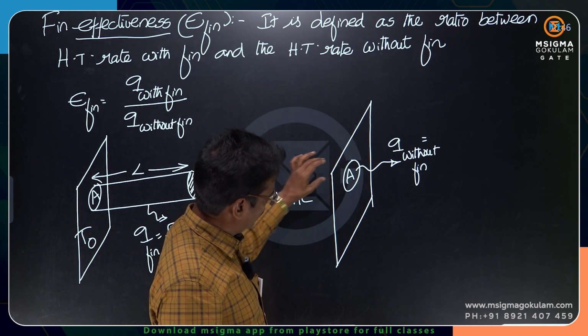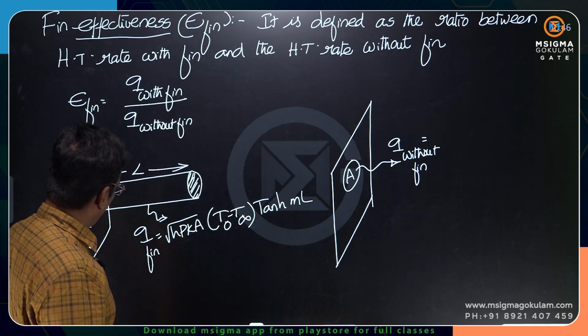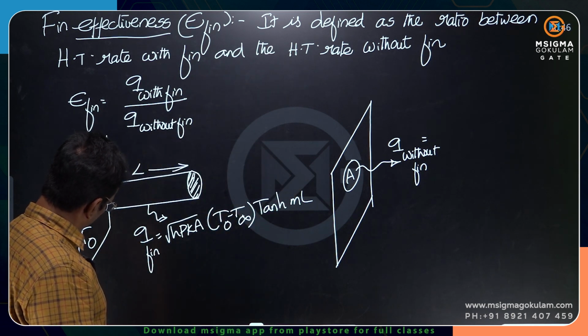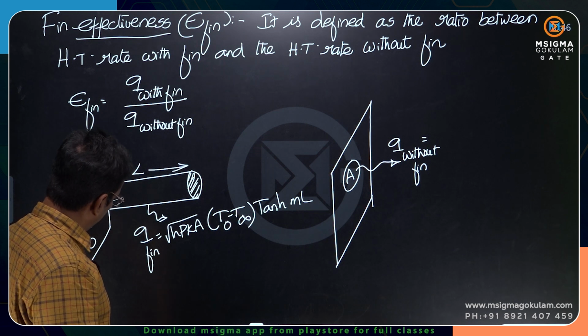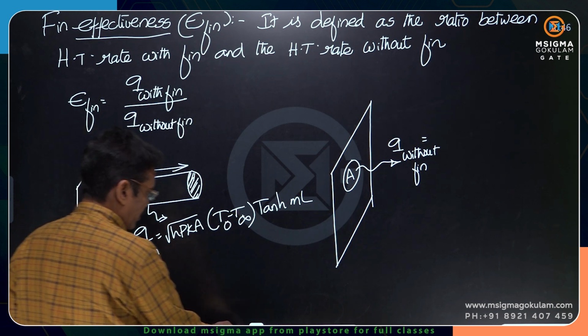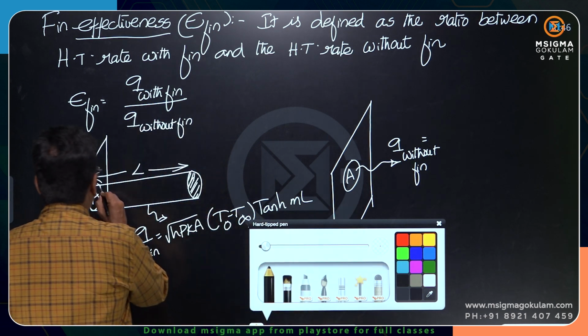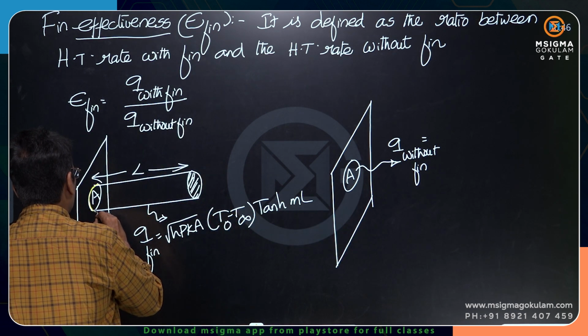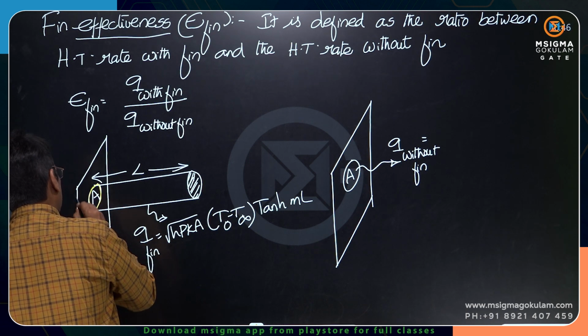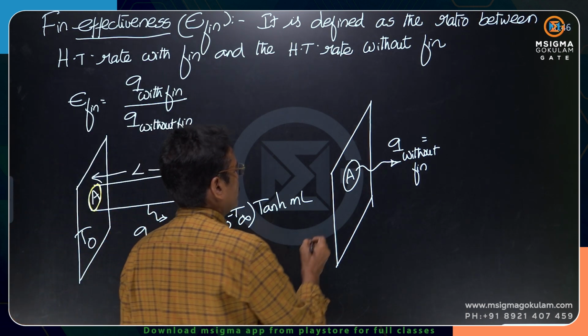From the same base area located on the wall itself, how much heat would be transferred directly from the base wall to the fluid?